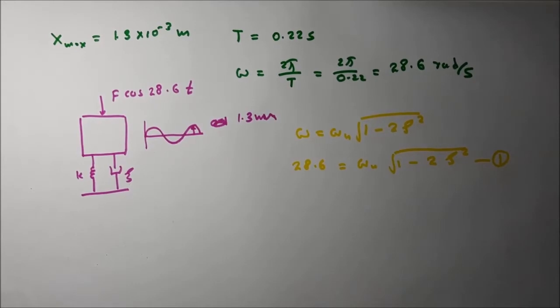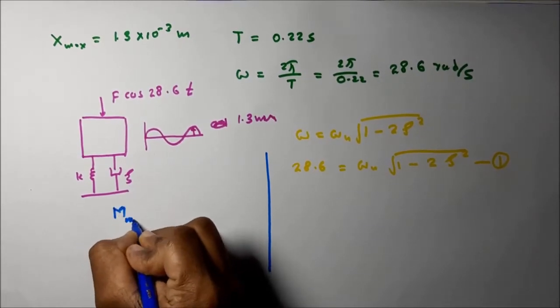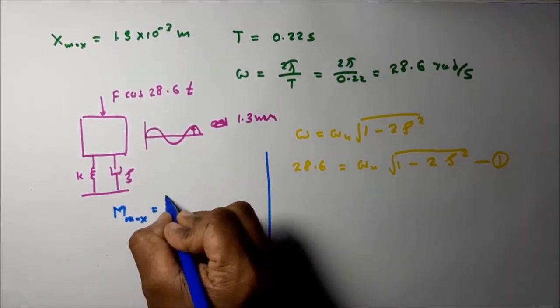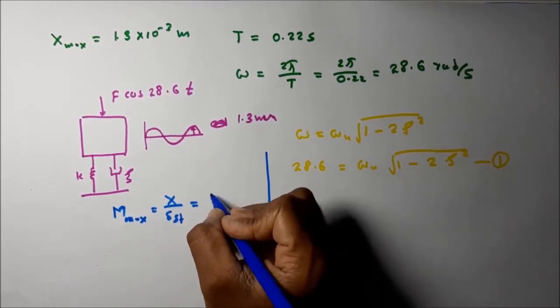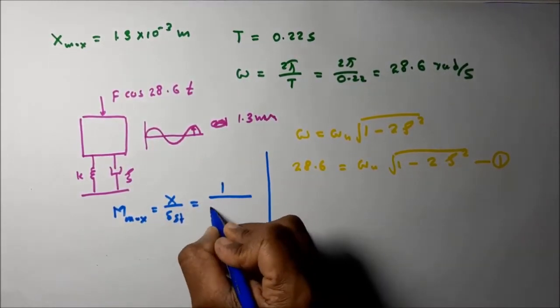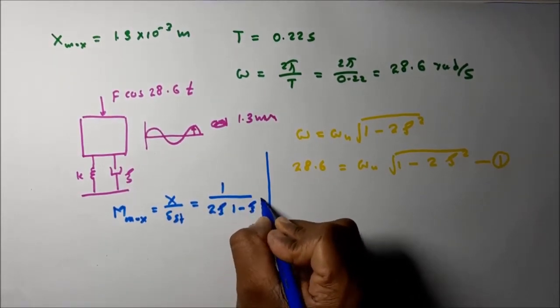Again, we have the equation for the maximum amplitude ratio. That means x divided by delta st, maximum value, is equal to 1 divided by 2 theta square root of 1 minus theta square.